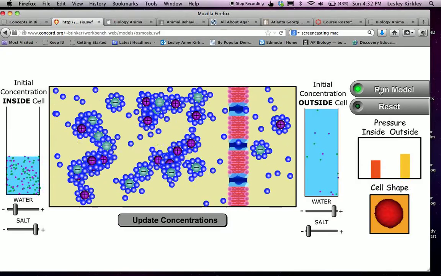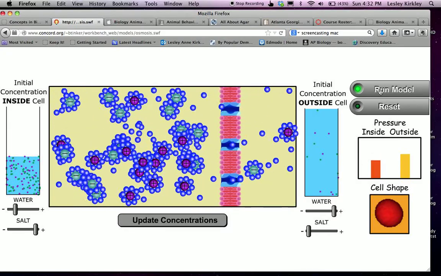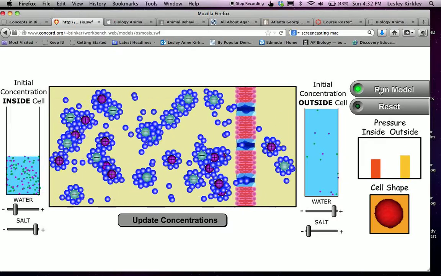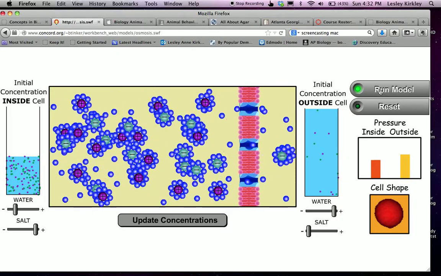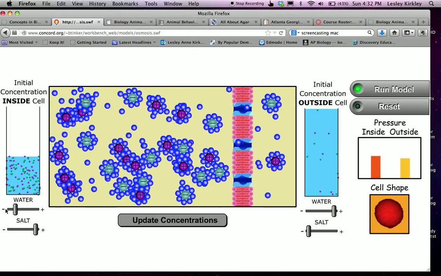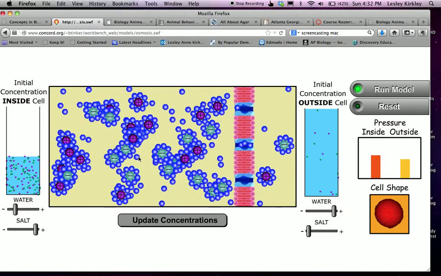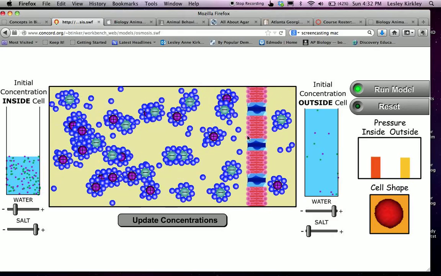So now I have lots of water on the outside of the cell, not very much water inside, which is causing some movement. So here's my inside of the cell. It started off with very little water and lots of water on the outside. And this is the scenario that's happened over the course of time.